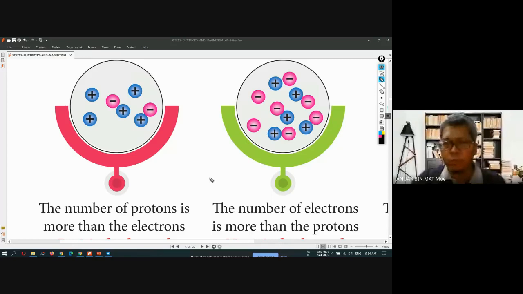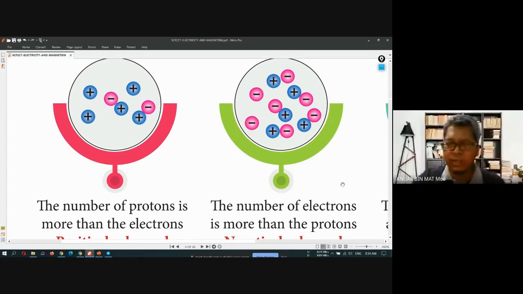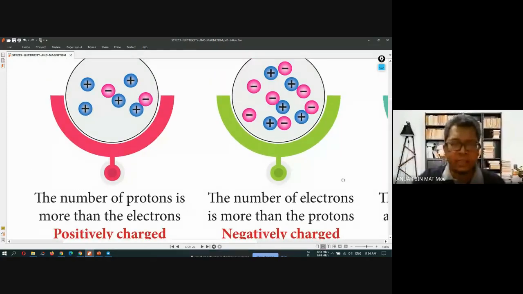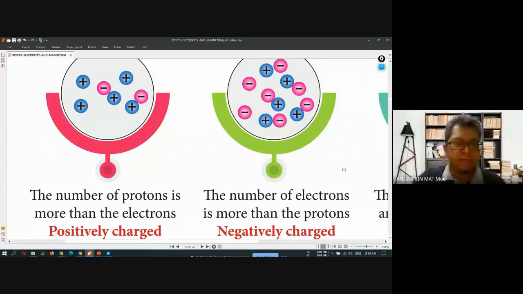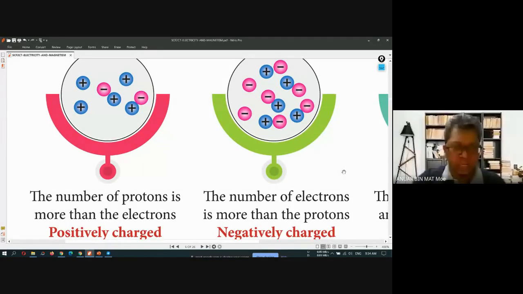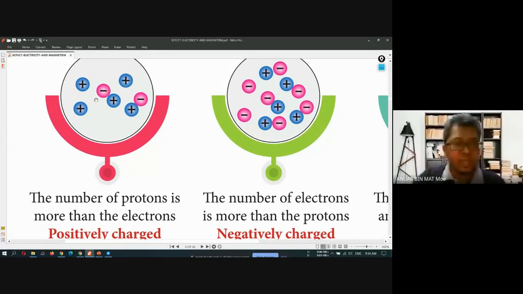What is the condition of the charges? We call it positively charged. If the amount of positive charges is more than negative charges, we call the object positively charged.